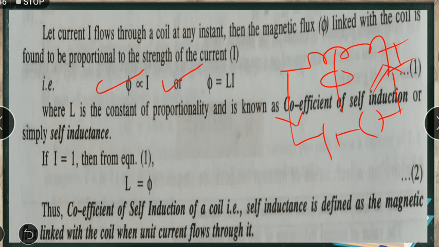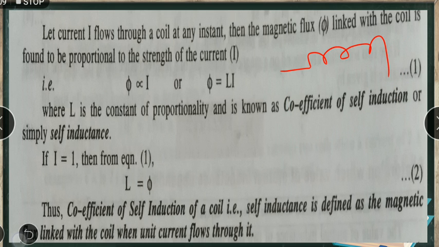So, directly proportional. The constant term is given by phi is equal to LI. Phi is equal to LI. So here L is a constant of proportionality which is called the coefficient of self-induction, or it is also called self-inductance.